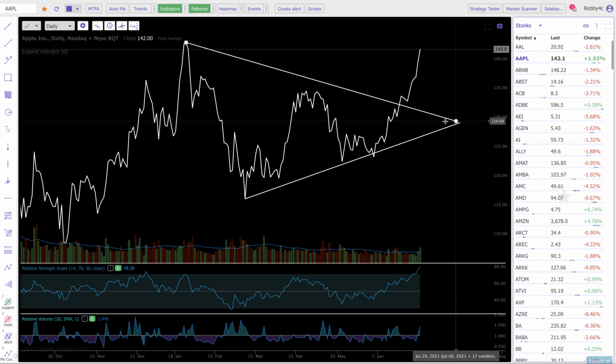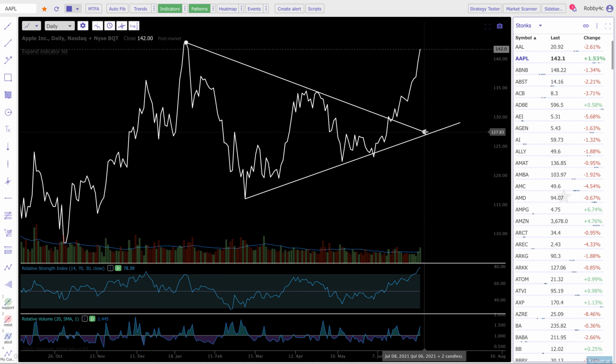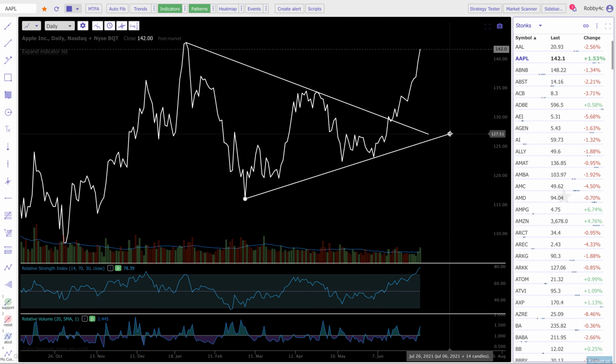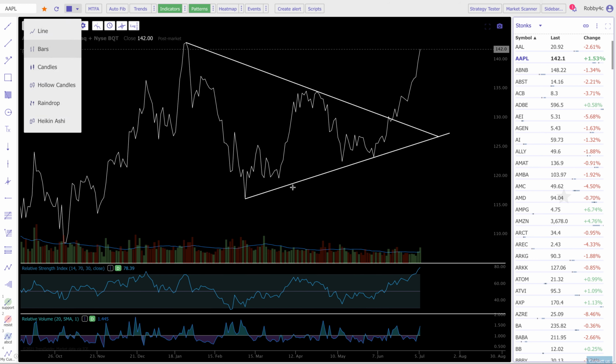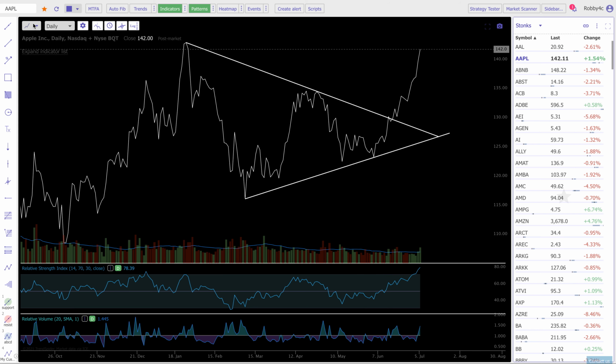So if I were to edit this to be accurate for the lines, it would have to be like this. Which, yes, still works if you're buying down here or something.